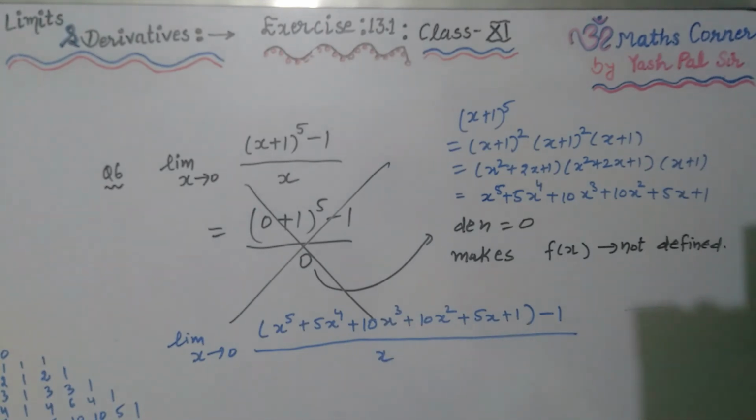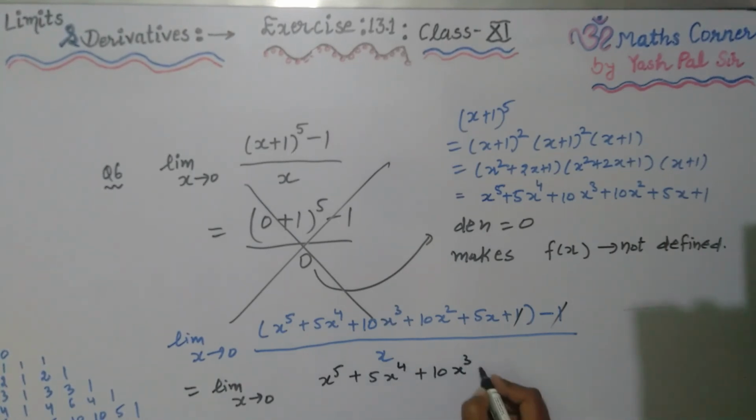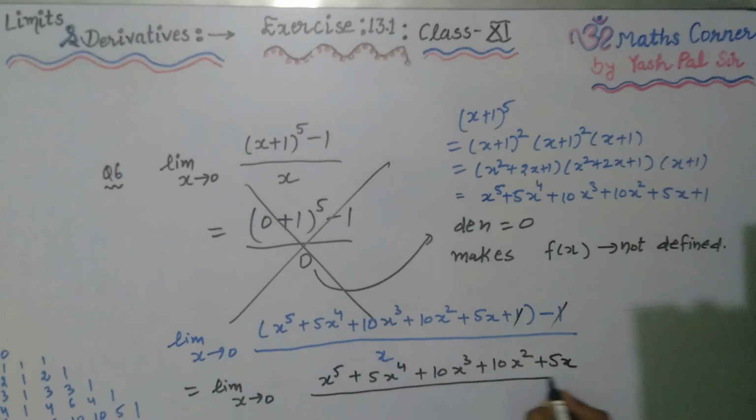So first of all what we do, this plus 1 and minus 1 is cancelled, so we are left with limit x approaches to 0, right? So this is x power 5 plus 5x power 4 plus 10x raised to power 3 plus 10x raised to power 2 plus 5x whole divide x.